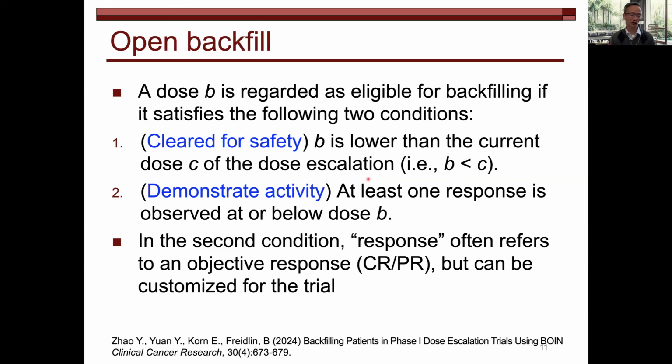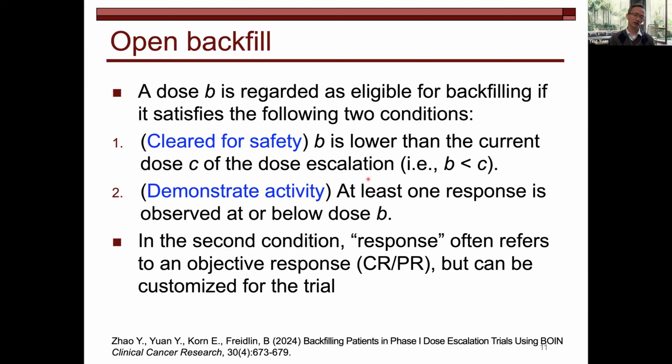Because it's lower than the current escalation dose, that dose is safe. The second is that at least one response is observed at or below dose B. This condition is to ensure patient safety.